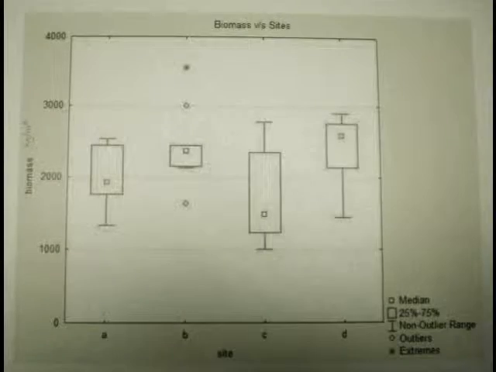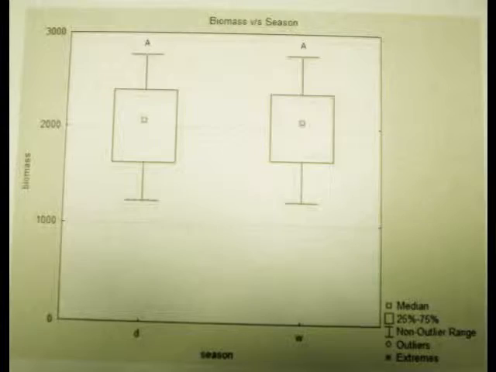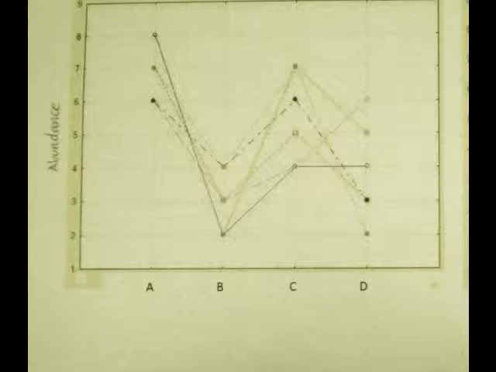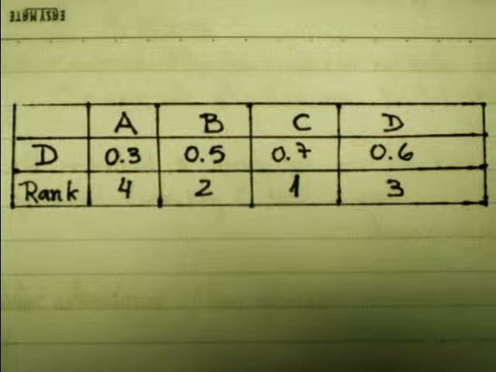There's a difference between the sites, but no difference between the seasons. And in the abundance, we also see a difference between the sites, and you can see that site B has the lower abundance. We also calculated the Simpson index, and the biggest index is in site C, followed by B, and the last one is A.